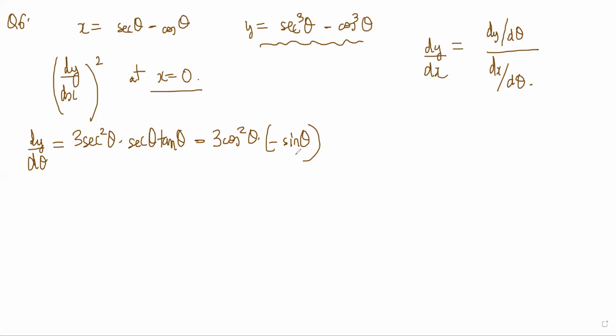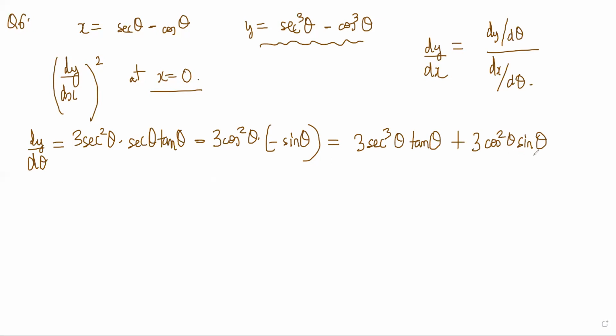So we have 3 sec cube theta tan theta plus 3 cos square theta sine theta, right?